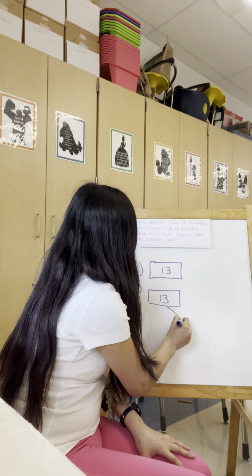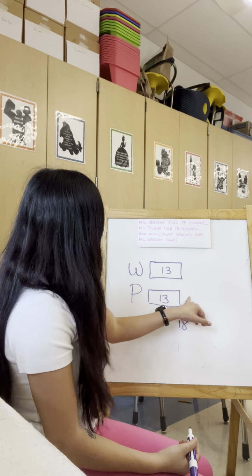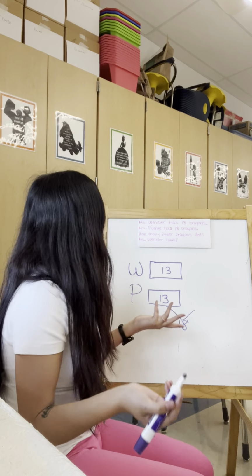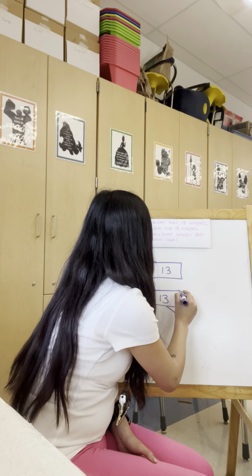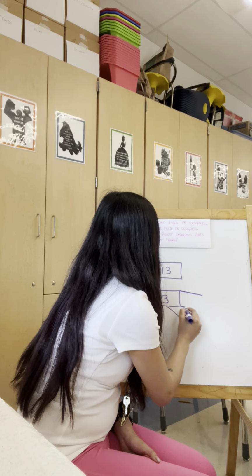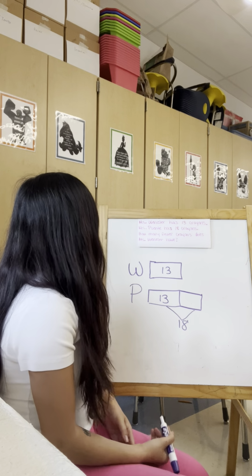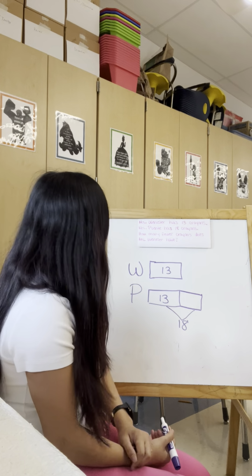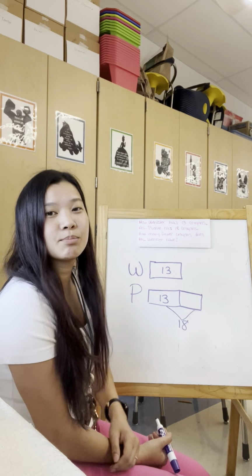So I'm going to label her whole 18 crayons. And I know that she gets that extra tape, but I don't know how many more she has. So I'm going to leave that one empty. I know that the problem says how many fewer crayons does Miss Wentzler have, and I'm talking about how many more crayons Miss Puente has, but we'll get to that in a moment.